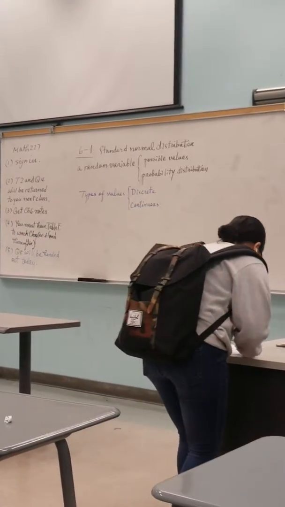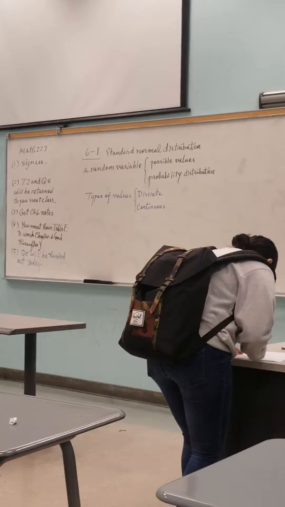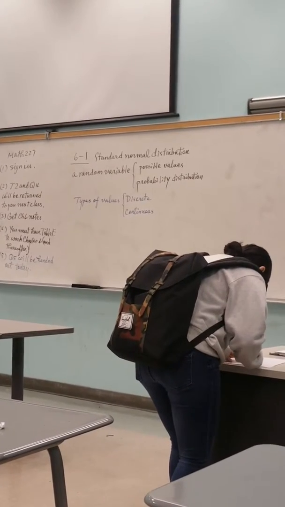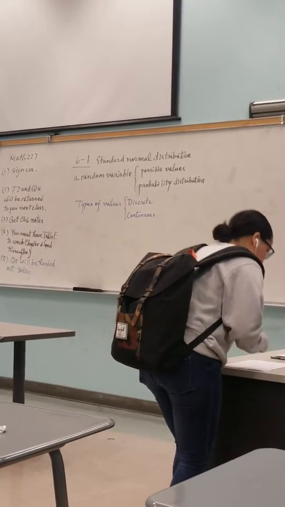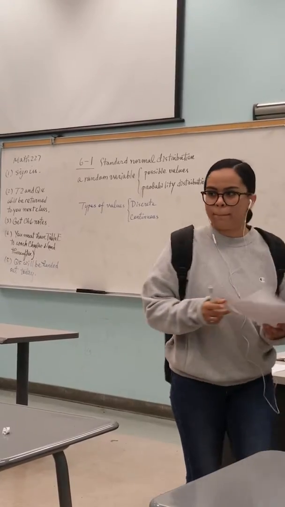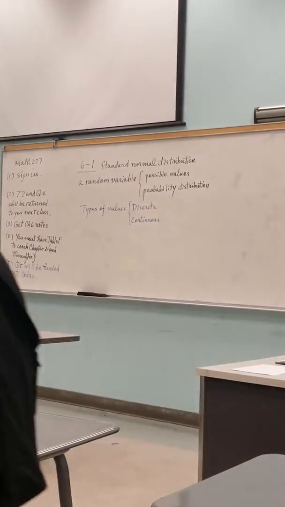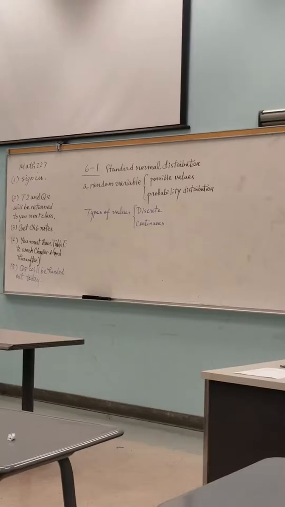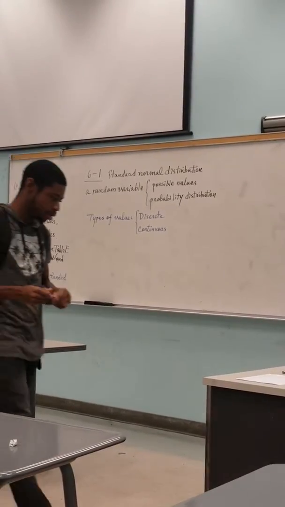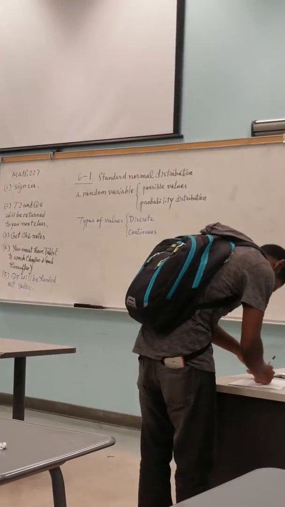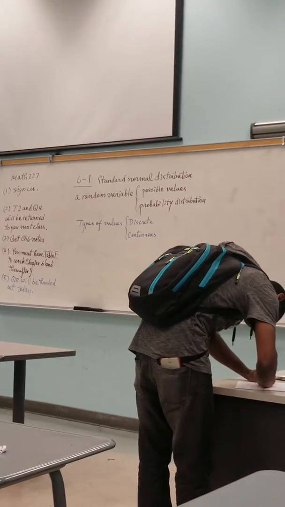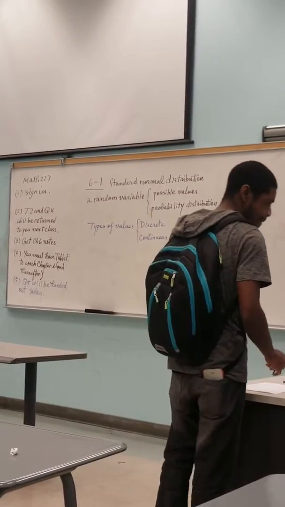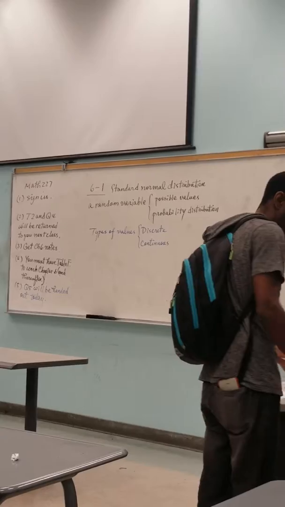Like when you study binomial random variable, it tells you how many successes you get within n trials. So the possible values are 0, 1, 2, 3, up to n. And the random variable takes one out of those possible values.